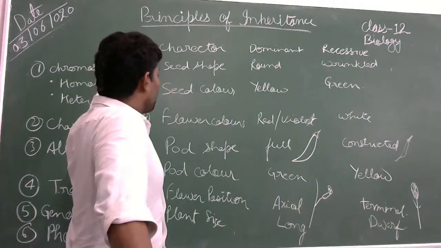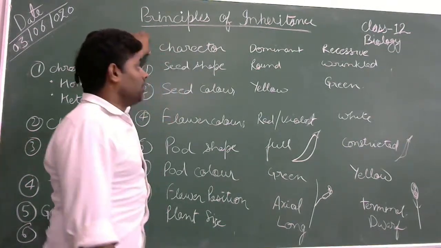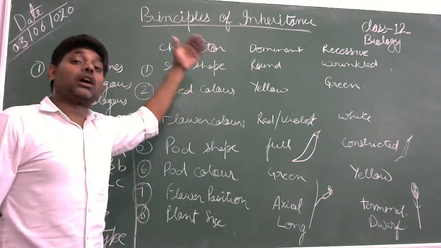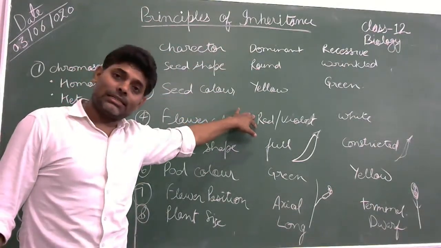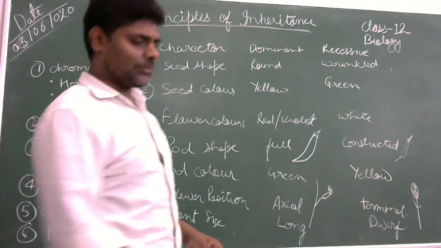So here are 7 or 8 characters we are considering in Pisum sativum, and now further we will make the cross between them, either between the dominant characters or between the recessive characters.